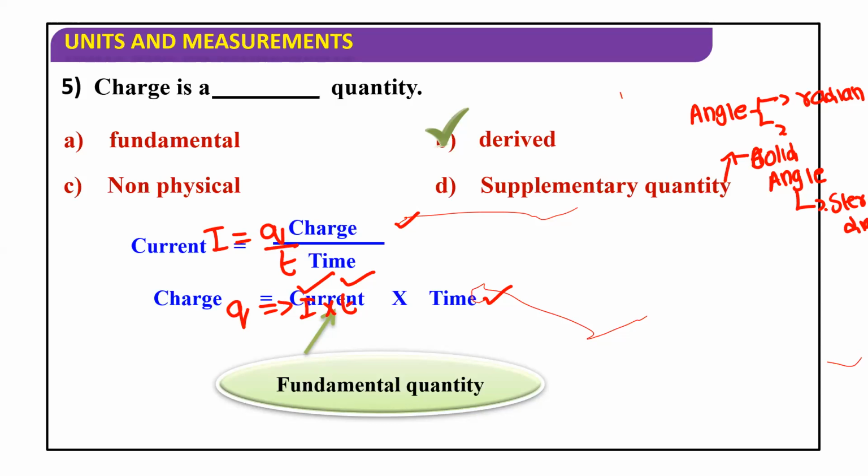Sir, again, can you say, sir? From where? From after the equation, charge is equal to current multiplied by time. Okay. The charge on a body is expressed in terms of two fundamental quantities.